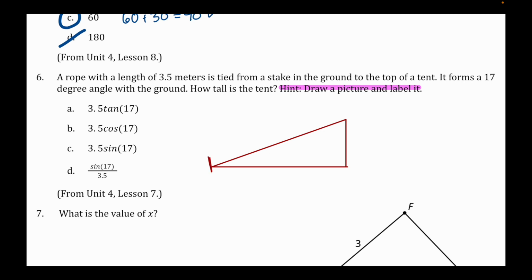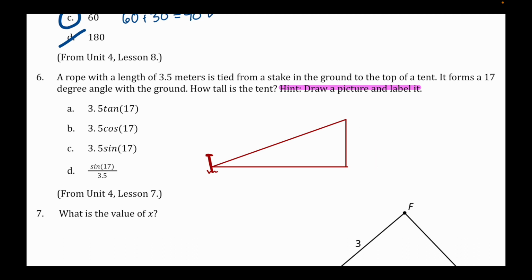Maybe this is the stake it's tied to, in the ground. I don't know, normally it's like a nail. And this is the tent or something like that. It's a very janky version of a tent, but I didn't want to draw it inside the triangle, so you can just imagine that's my tent.